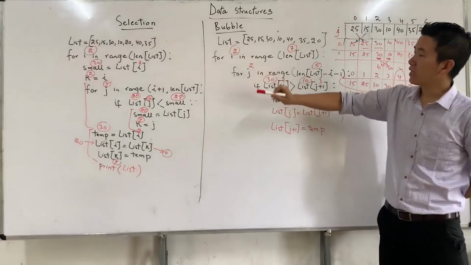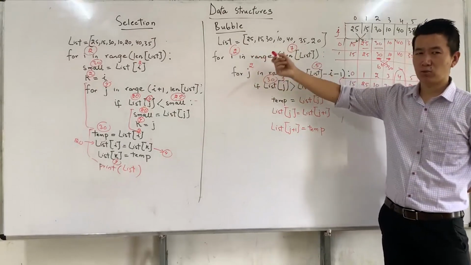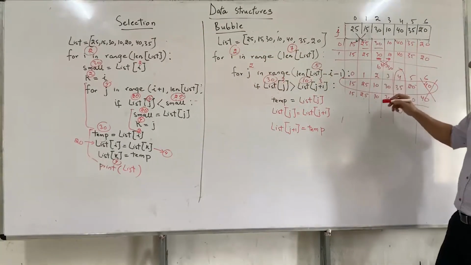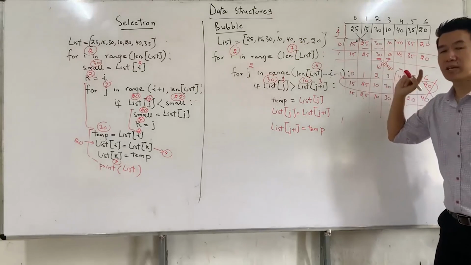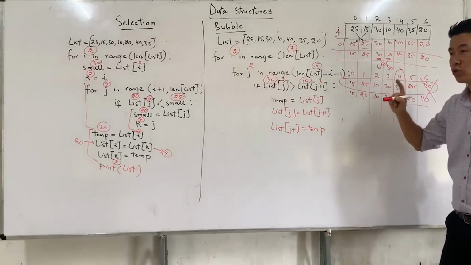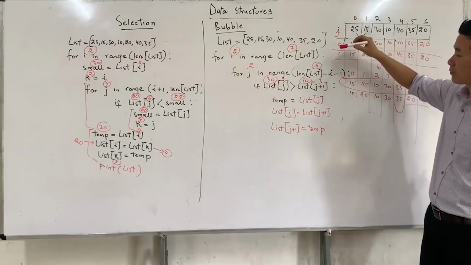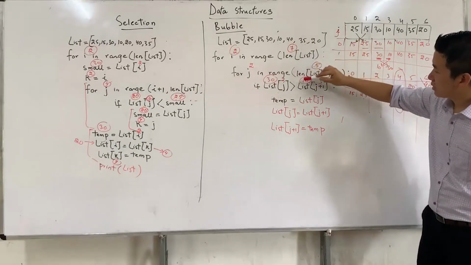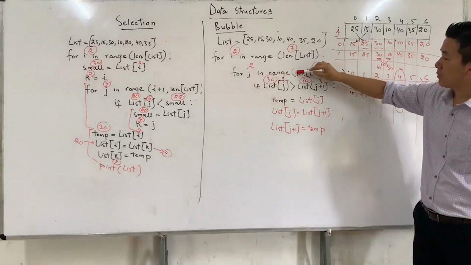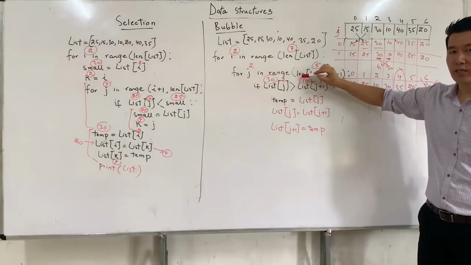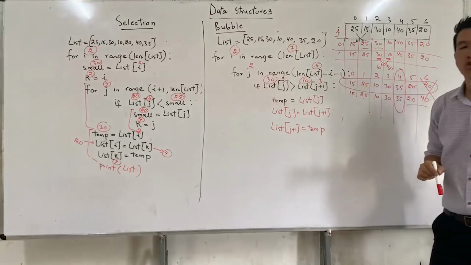And then when you start the next value of I as 1, you need to start the comparison all over again. But more importantly, you should be excluding the last number, and that will be controlled by this particular limit expression. So this is how the bubble sort works.